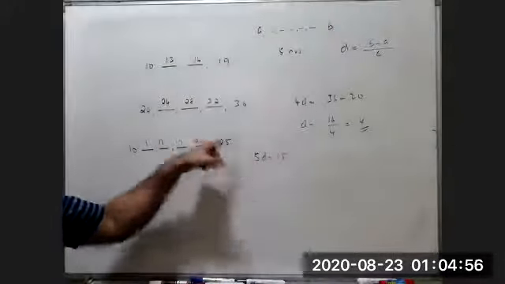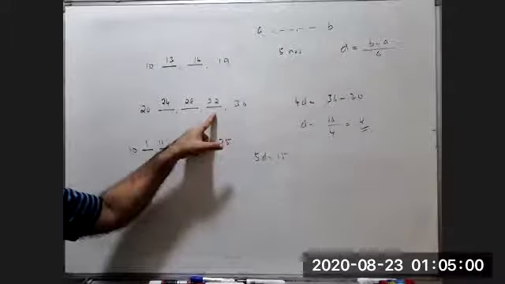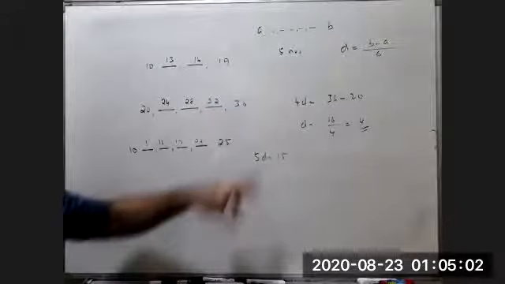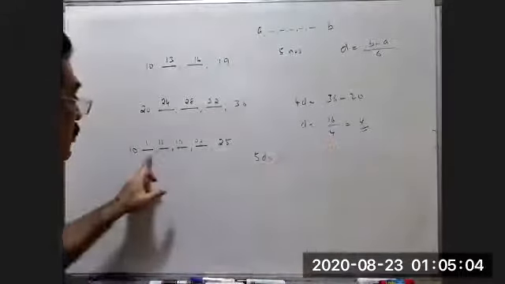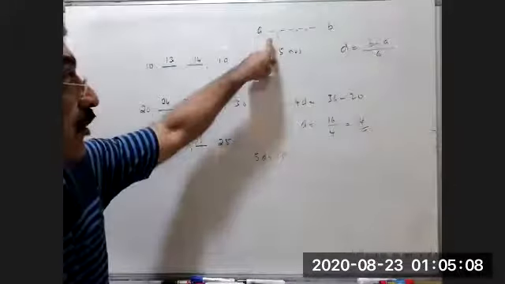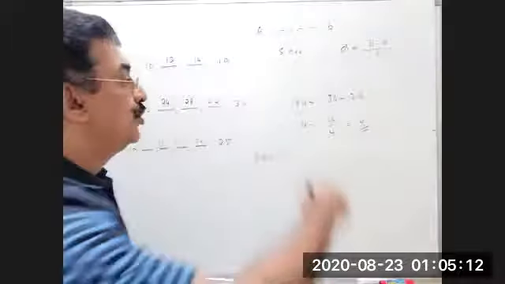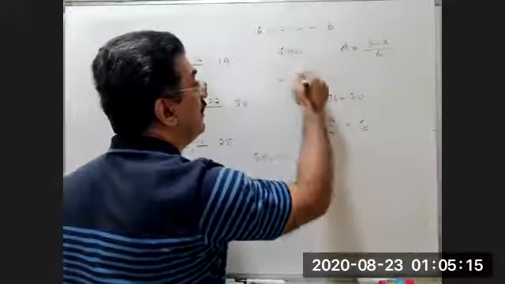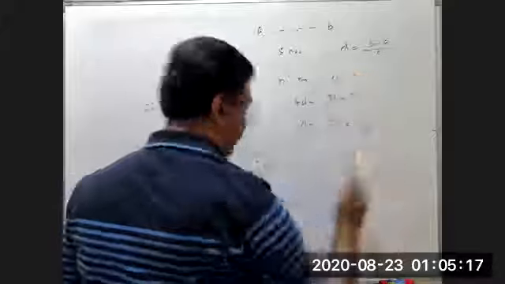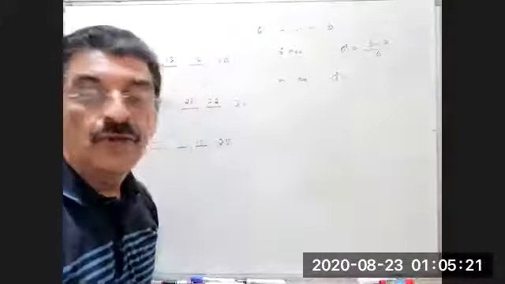See here. To insert 3 numbers, B minus A divided by 4. To insert 4 numbers, B minus A divided by 5. So definitely to insert 5 numbers, we will divide by 6. If so, to insert n numbers, what to do?